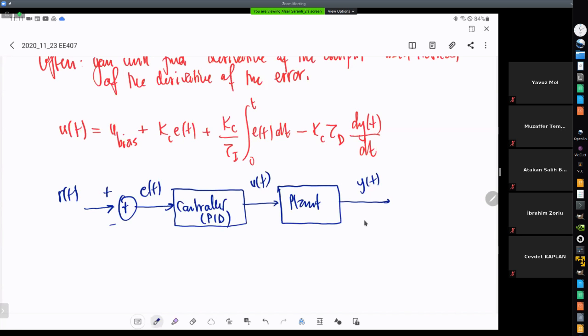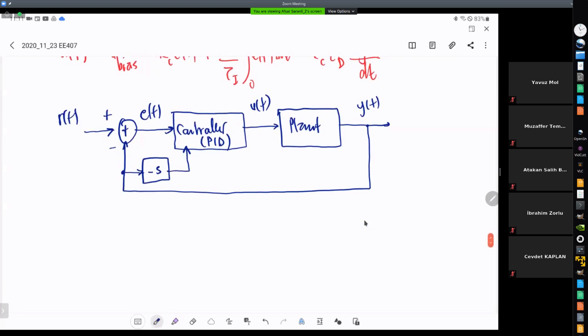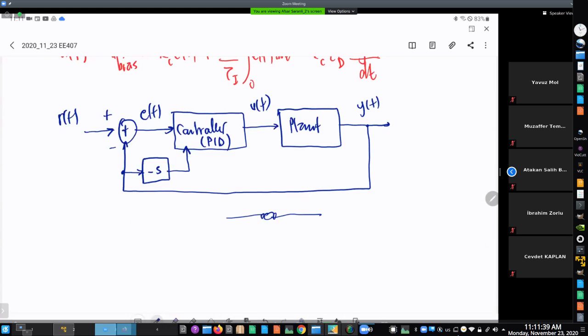Now in this case, instead of just using the error, you have something like this. You have basically an S term here, in fact not an S term, but a minus S term, and then this goes in over here, inside the controller.